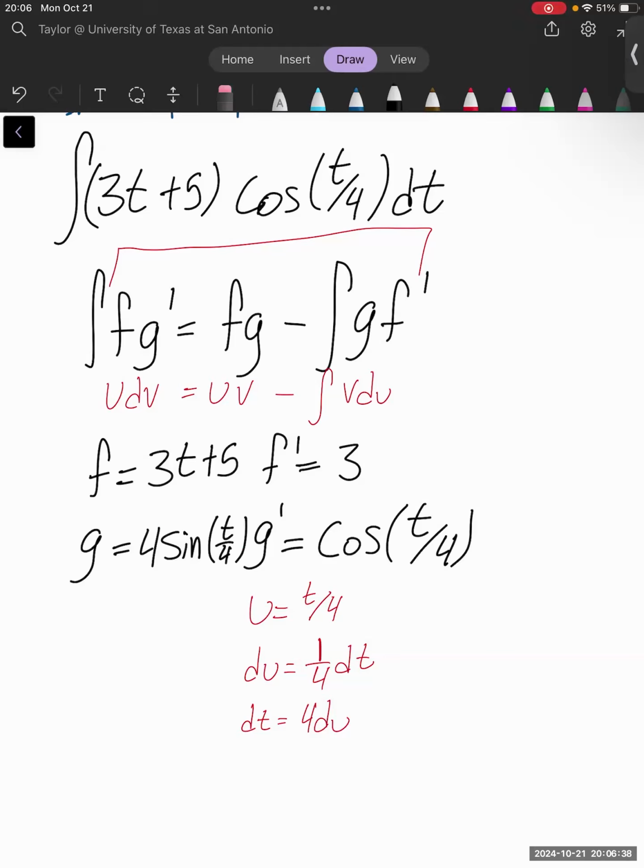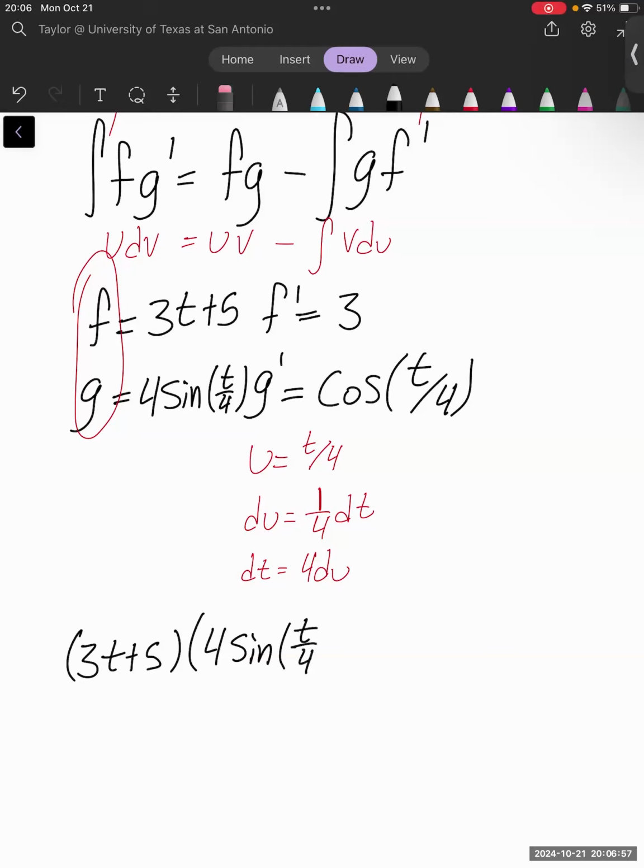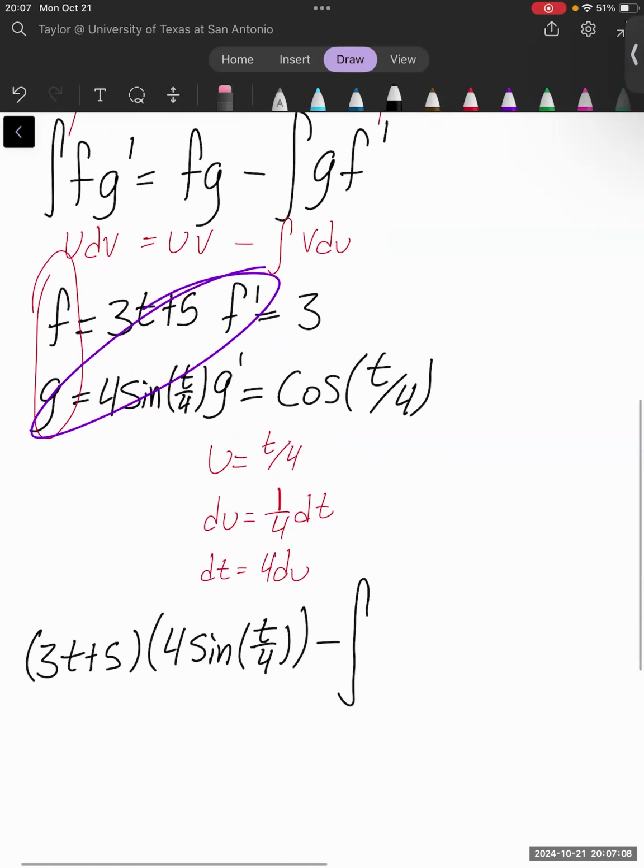And then the way you can use this chart is we'll put these two together down here, giving me (3t plus 5) times 4 sine(t/4), minus the integral of these two terms, minus the integral of 3 times 4, which is 12, so 12 sine(t/4).